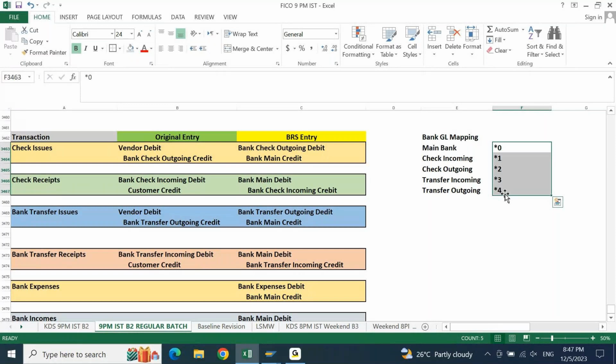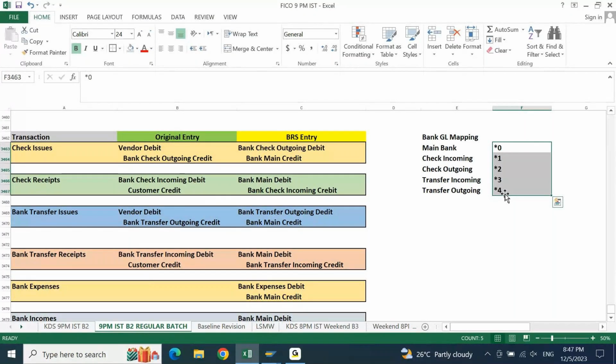Some additional 2 GL accounts we will use for excess debit, excess credit, or suspense account. Some things you will find only in the bank statement, and some things only in your books. For those, you will add two more GL accounts: excess debit, excess credit, or suspense debit, suspense credit.